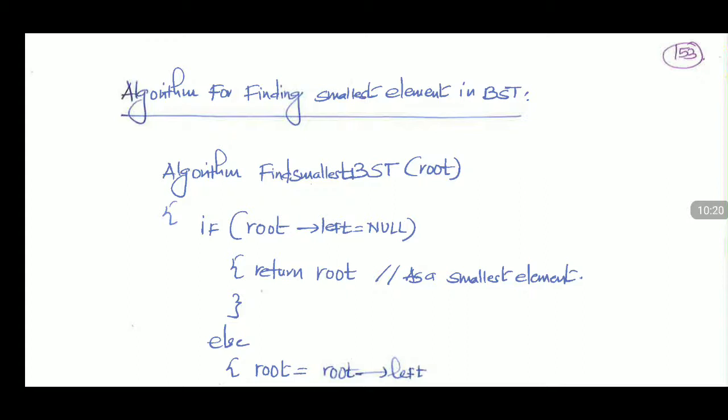First of all, we'll check if root left is null, meaning nothing is there in the left part, then directly return that root, which is the smallest element.